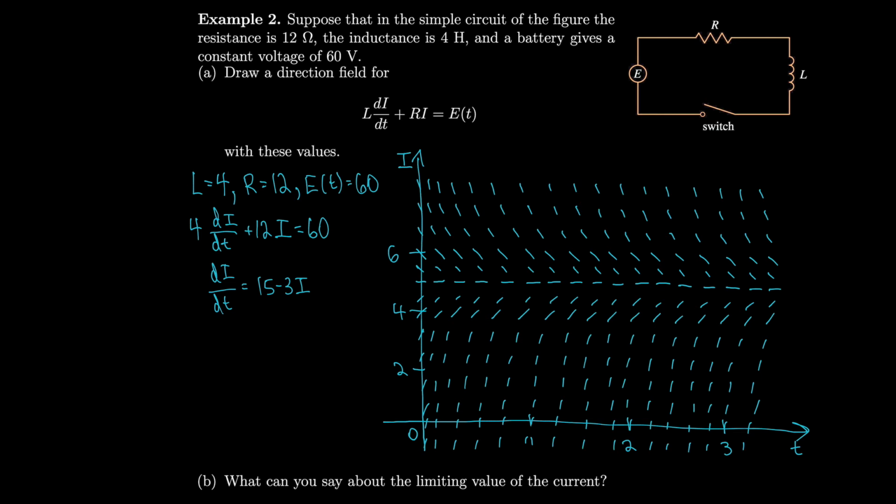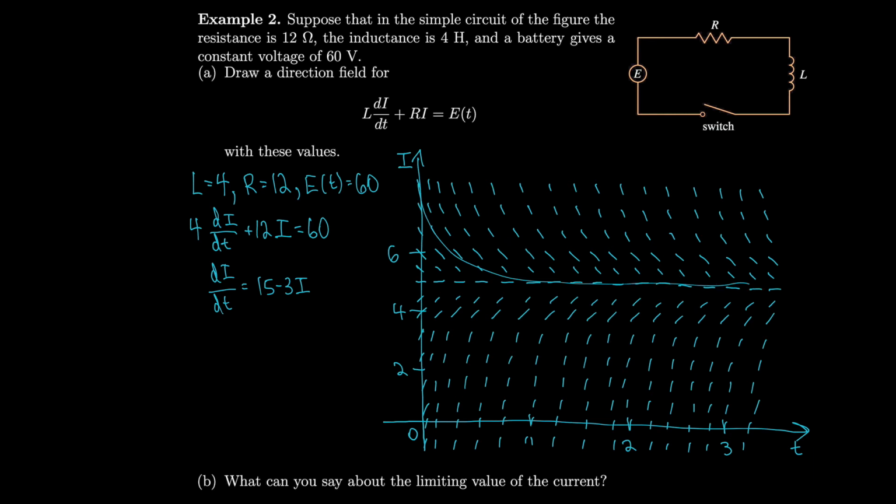Let's see what we can say about the limiting value of the current. Any solution curve we draw, like one like this, or one like this, or one like that, would all end up stuck over here, not going past 5. Similarly, if we drew curves coming in from above, they would still not go past 5.